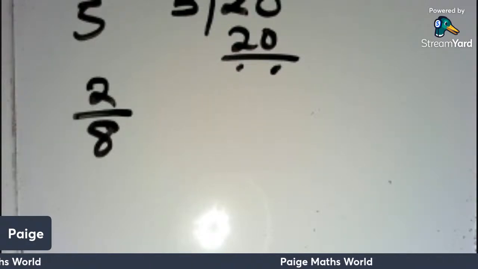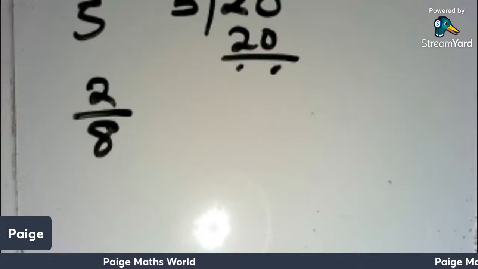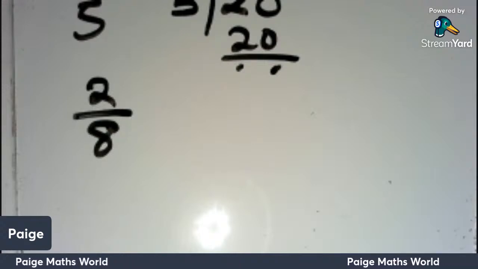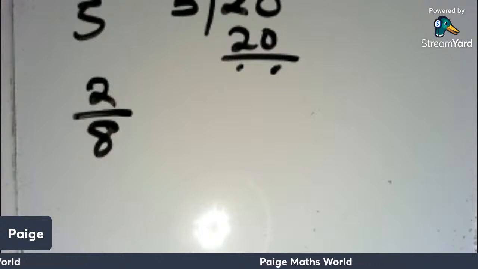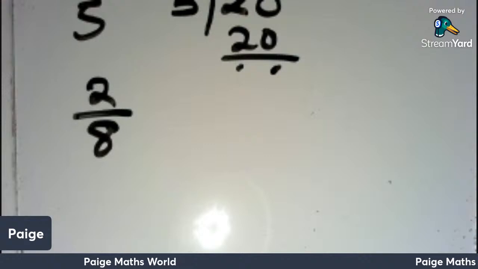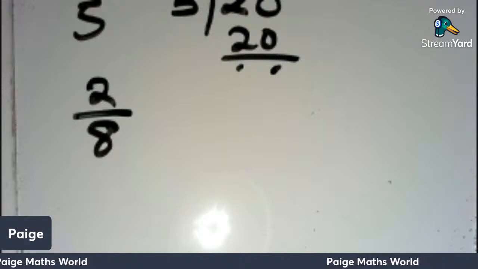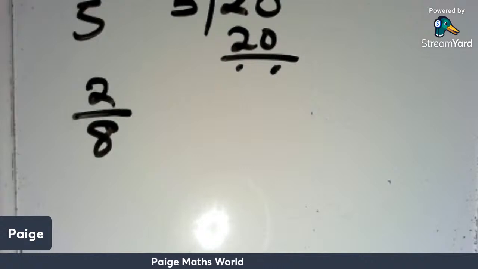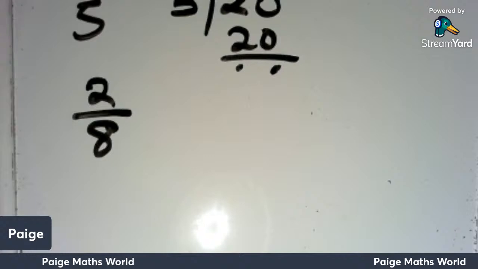Anybody? All right, so let us work on that one. 2 upon 8 as a decimal. So again, 8 is on the outside, 2 is on the inside.